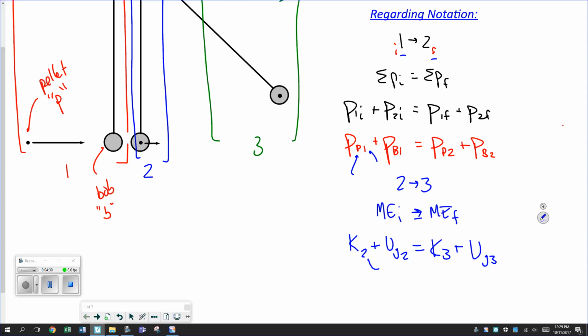And along with that, maybe you write yourself a list. Mass of the pellet is 7 grams. Mass of the bob is 1.5 kilograms. After the interaction, V of the pellet at instant 2 is 200 meters per second.